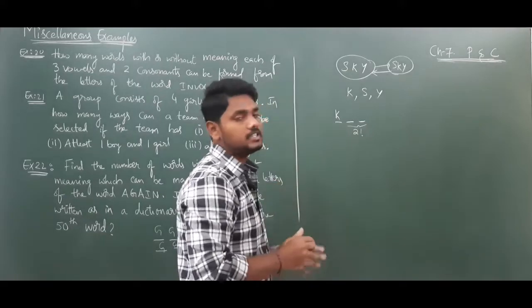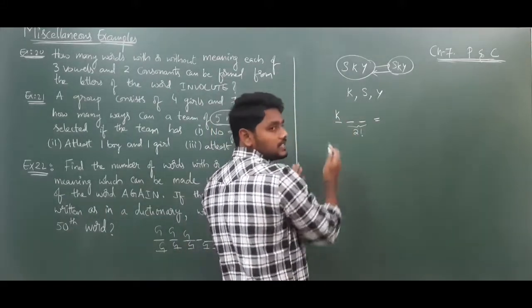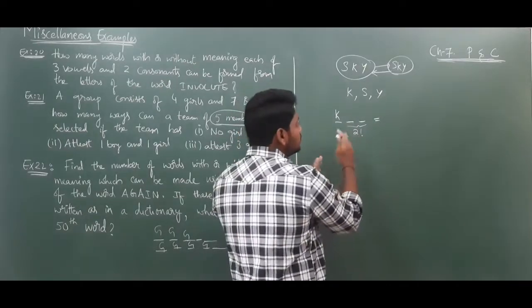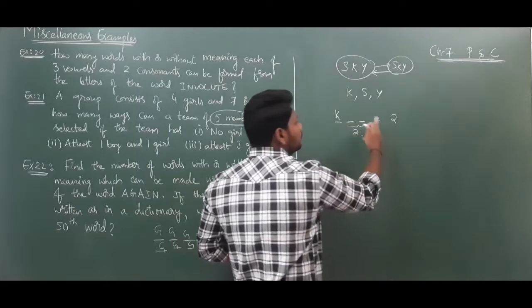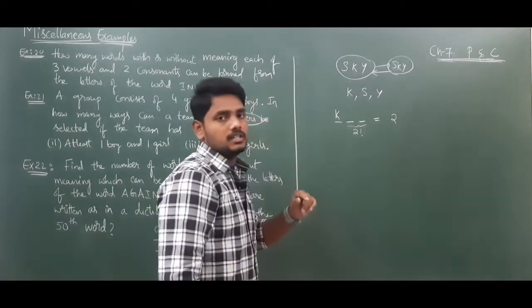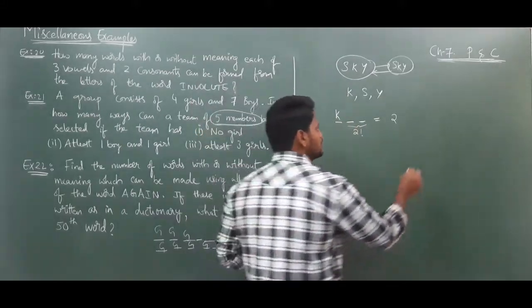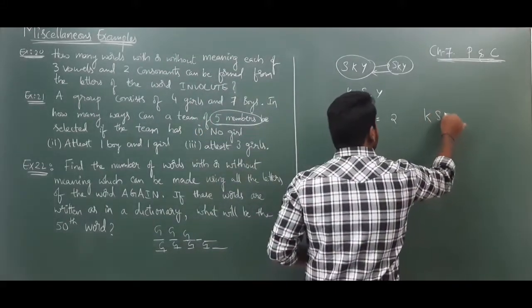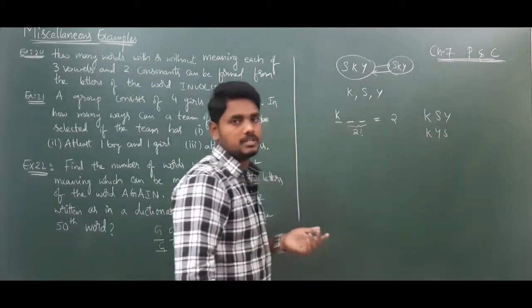Since K is already fixed as the first letter, the remaining two letters can be arranged in 2 factorial ways, that is 1 into 2, value 2. So starting with K, two words will be there: KSY and KYS.